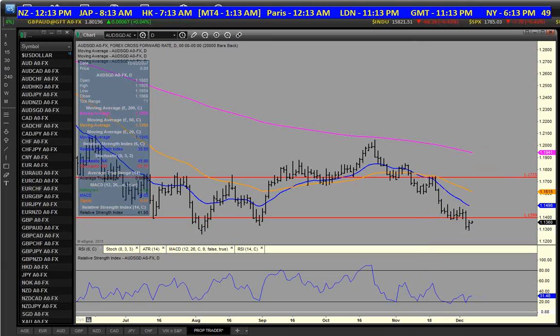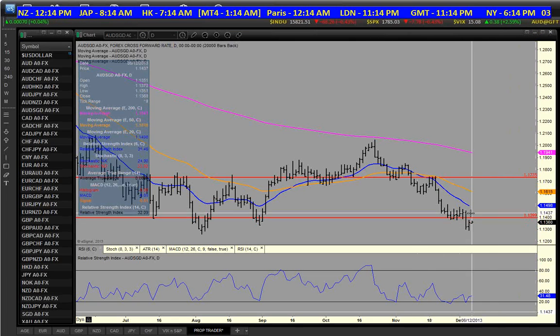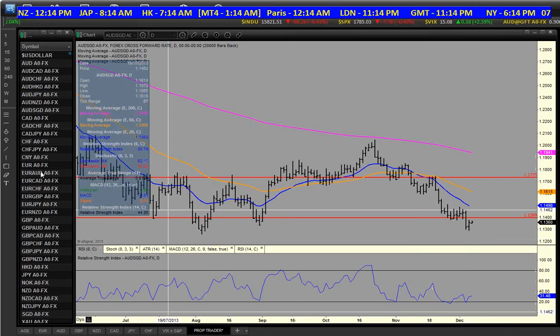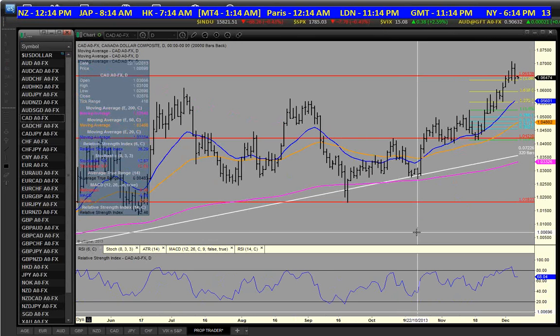Well, it's had a couple of touches on the weekly. This one here is stronger though. I'd like to see it back above that before taking it, and then your risk reward is ruined. So that's not a good one either. CAD has rolled over, but with no divergence.